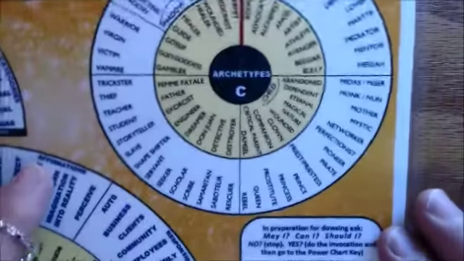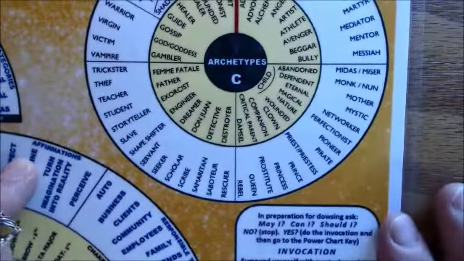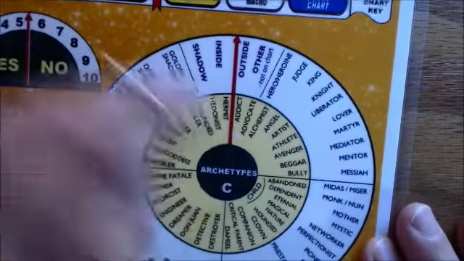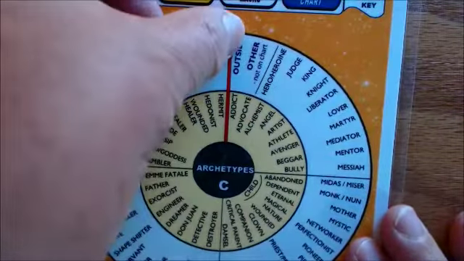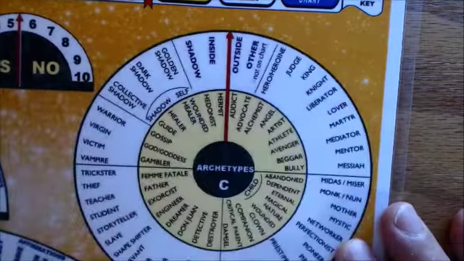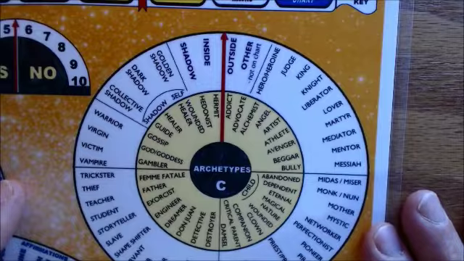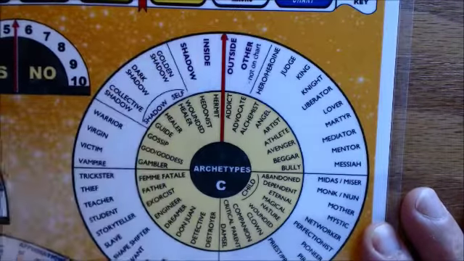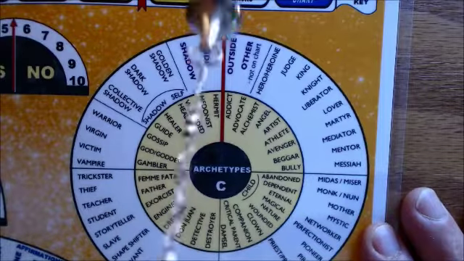Okay, archetypes chart, wheel chart. Always start on the neutral line, and you've got inside, outside row to look at, and left or right. If you know the leading edge of your pendulum swing, you don't have to worry about those. If you don't, worry about them.